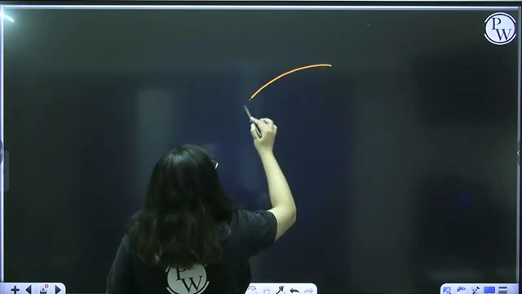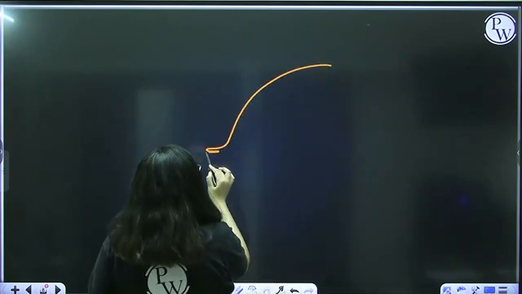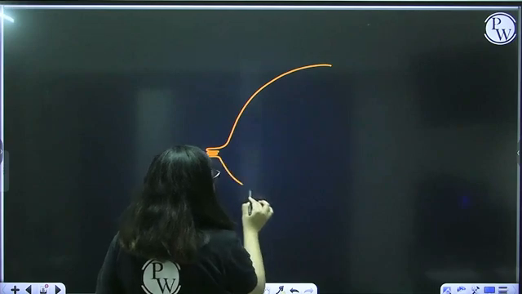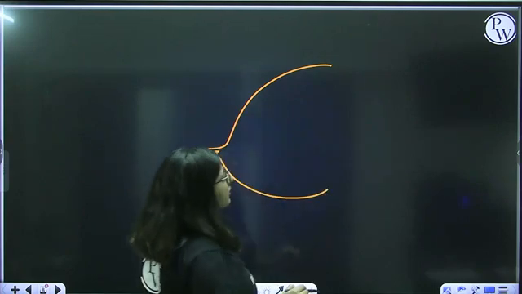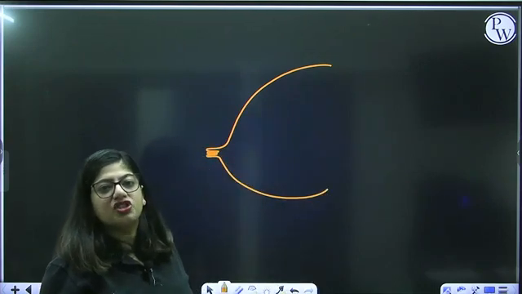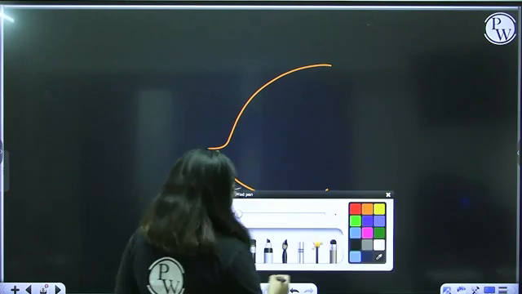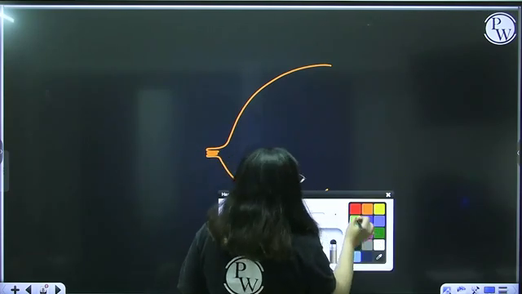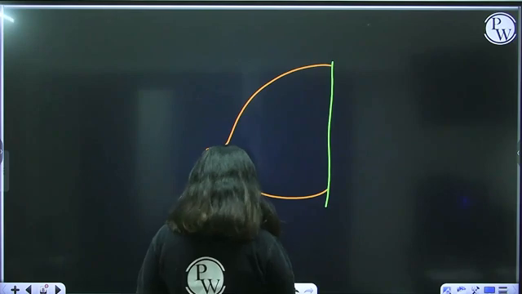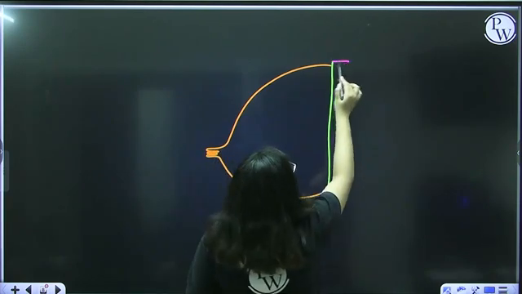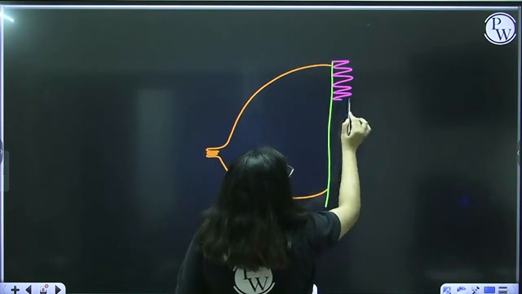The mammary glands are present in the thoracic region of the female. In females we say breast, in males we say chest. It is supported by certain muscles, the pectoralis muscles.